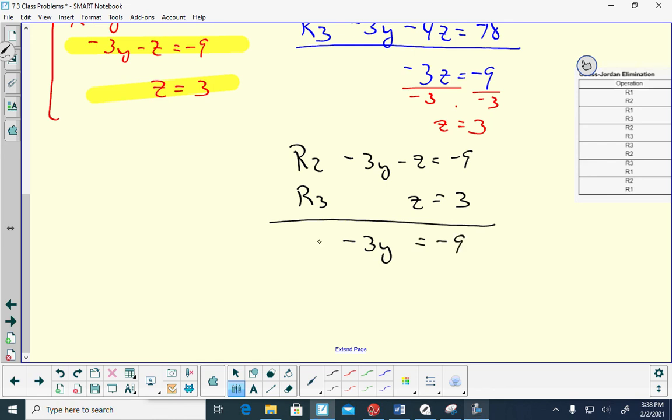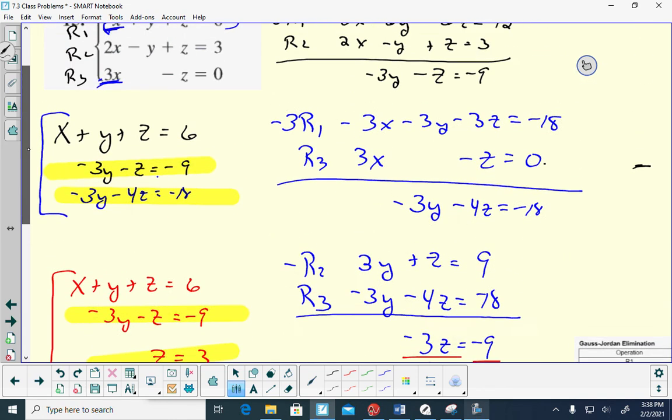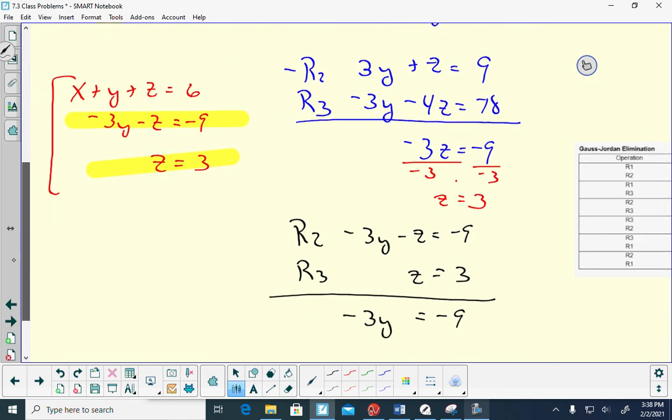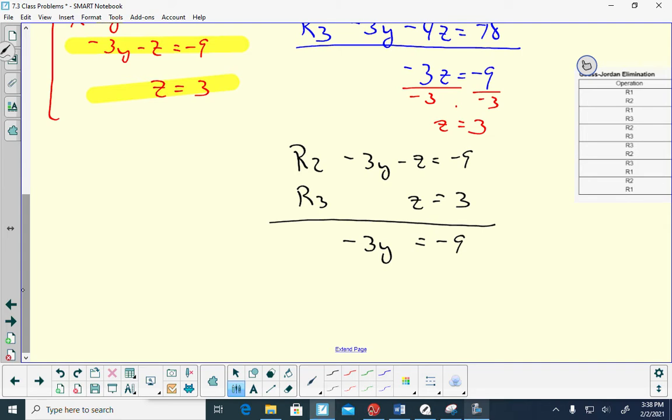So I am going to divide both of them by negative 3. Oh, I knew I made a mistake. Thank you. Negative 9 plus 3 is negative 6. Divide both sides by negative 3, and y is equal to 2.